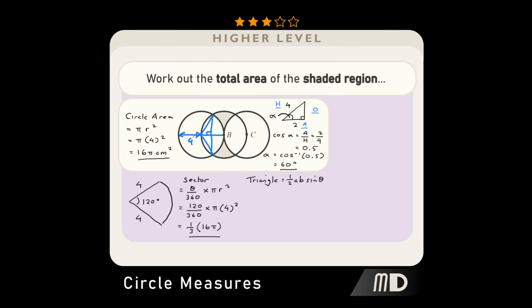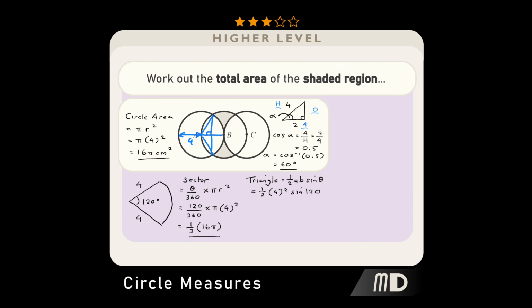The radius is 4 centimeters, so A and B each have the value 4, and theta is 120 degrees. Substituting these values gives us 1/2 of 4 squared multiplied by the sine of 120.